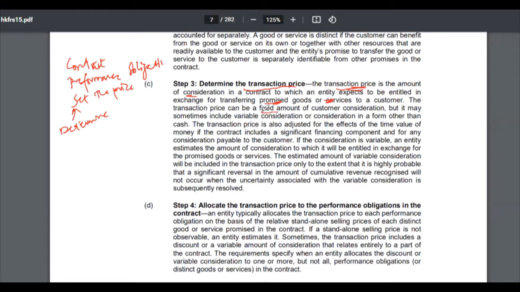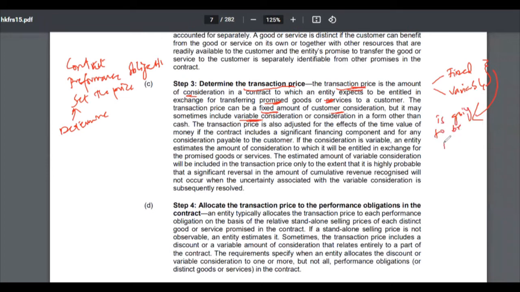The transaction price can be a fixed amount of customer consideration, but it can be variable consideration as well, right? So the transaction price could be fixed, or it could be a variable component. And accounting for these two components is going to be different.